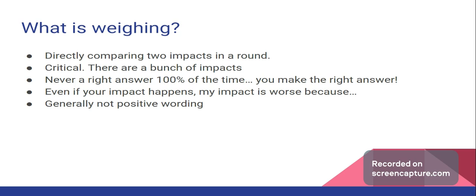Weighing is operating under the assumption that what your opponent says is true and what you say is true. But with even if, you can first say, well, my opponent's impact isn't going to happen, and then deny their argument. But then you can go, but even if it does, it doesn't matter for these reasons, or mine is more important for these reasons.